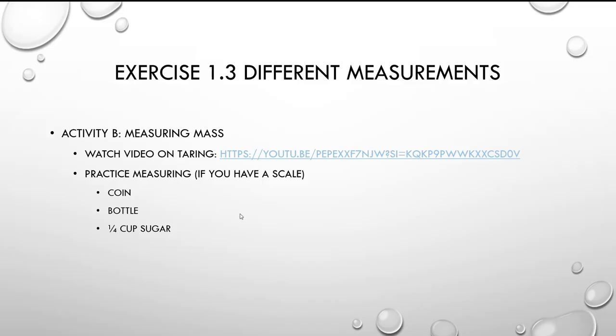If you do have a kitchen scale, try to use that. If not, don't worry, you don't have to practice measuring that. But these are some things you can practice measuring if you have one available. So if you have a kitchen scale at home, grab a coin and measure that.